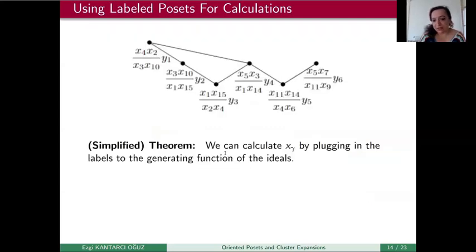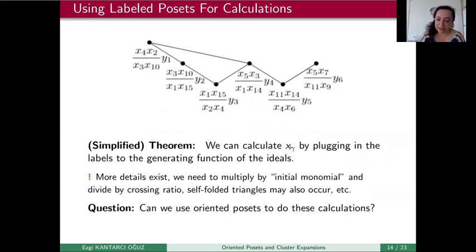And then what happens is we look at all these ideals, we look at the generating function, we plug in these labels, and this gives us what we want. Up to some things that we need to multiply it by, like an initial monomial, and we also divide by crossings. But again, calculation-wise, this is what gives us the different terms.